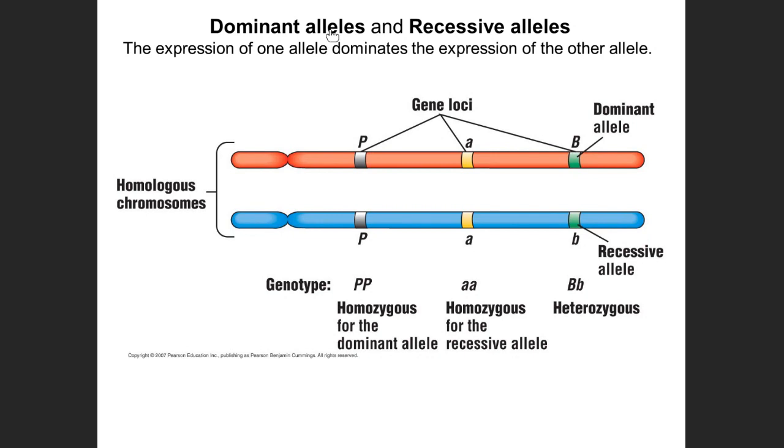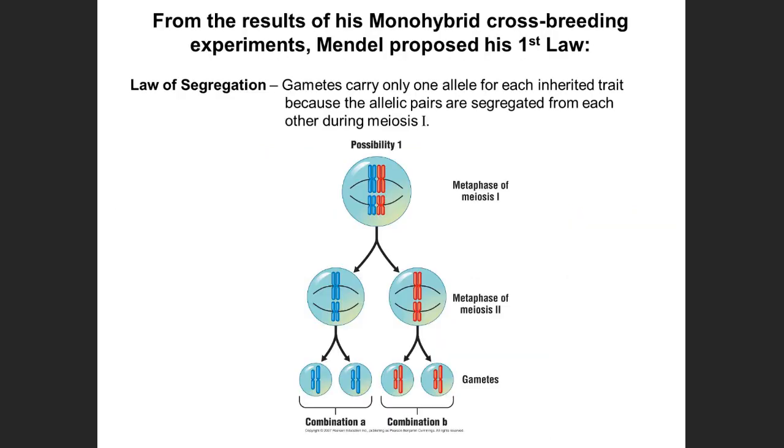Now they credit Mendel with uncovering dominant alleles that code for dominant phenotypes, and recessive alleles that code for recessive phenotypes. So Mendel gets the credit not just at the phenotypic level, but also at the genotypic level, for dominant and recessive genotypes.